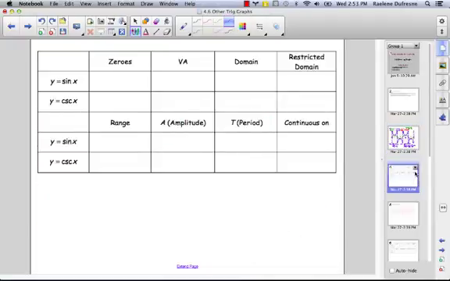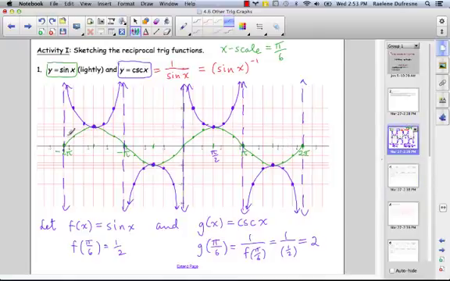Now let's take a look at the table and complete it for the analysis of the functions. We can talk about the zeros and the vertical asymptotes as x-coordinates that make y either equal to 0 or y undefined. We can do this for x values on a restricted domain, such as from negative 2 pi to 2 pi, or we can talk about the values for all reals.